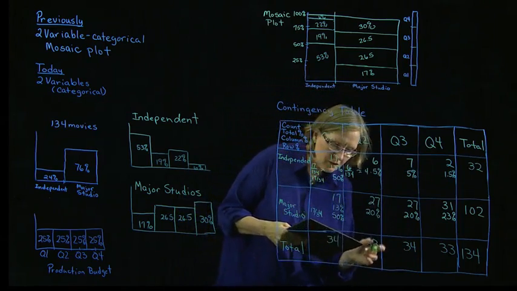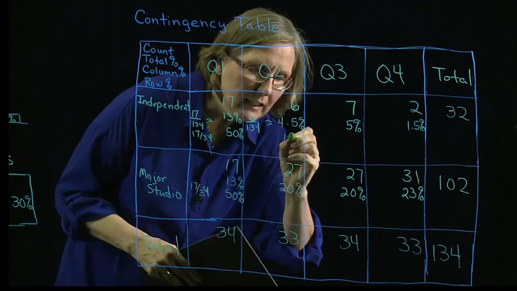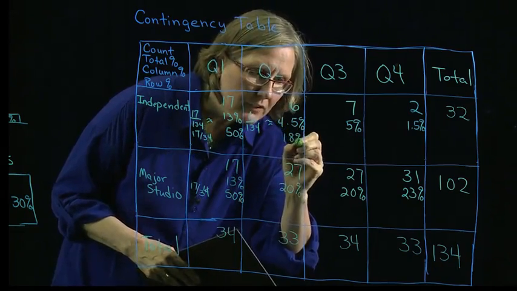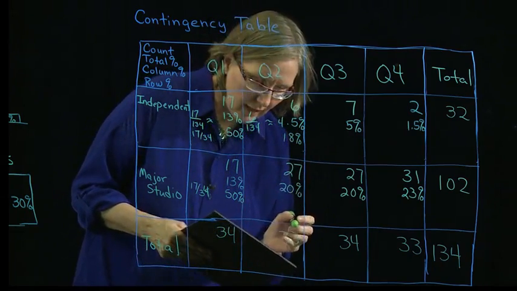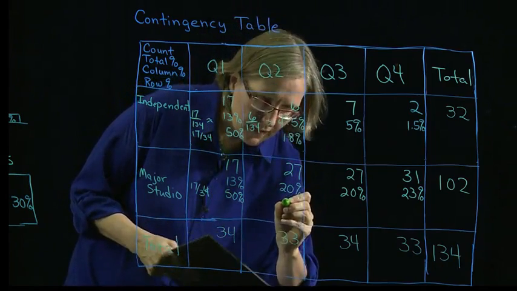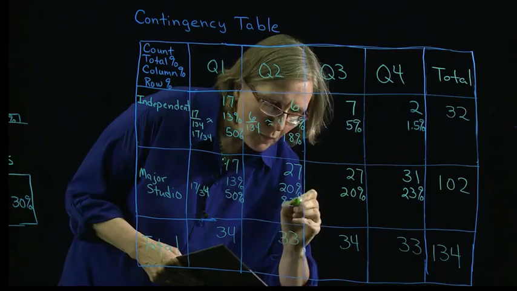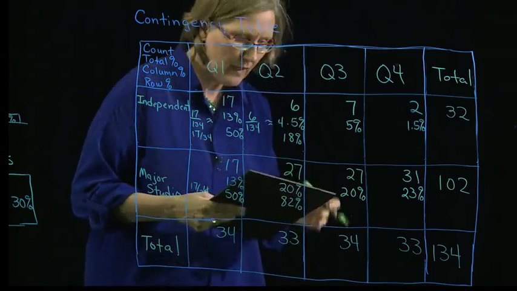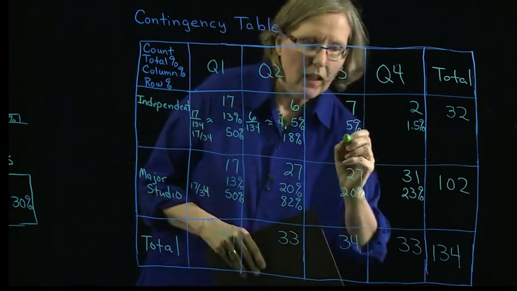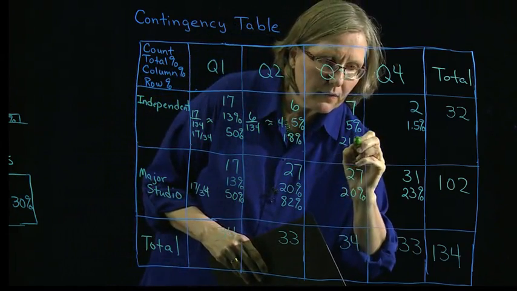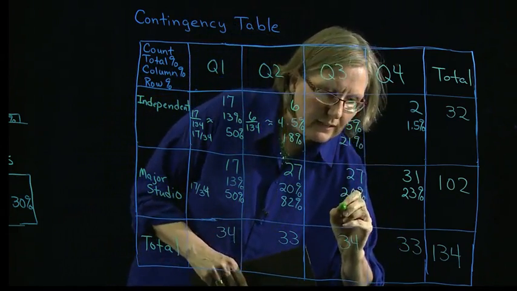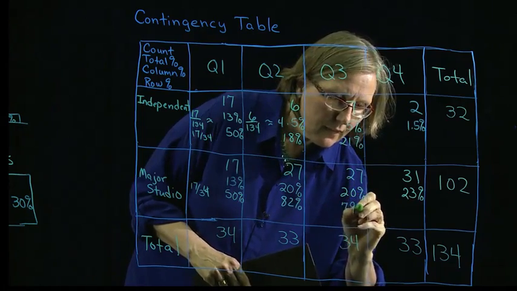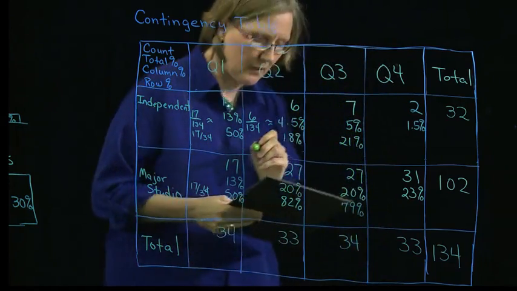For quartile 2, about 18% of the movies were independent and about 82% were major studios. In quartile 3, about 21% were independents and 79% were major studios.